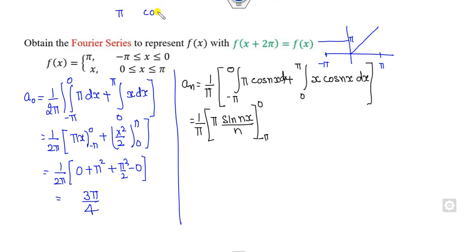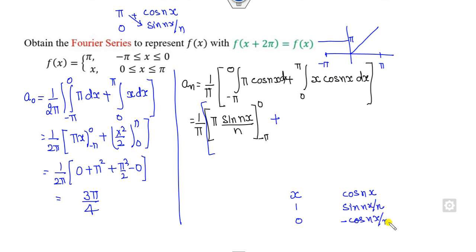It's pi, it's cos nx, so it's sin nx over n. Plus, what is the x? This is x and this is cos nx. It's 1, it's 0. So sin nx over n minus cos nx over n square. So positive, negative. So the first term will be x sin nx over n minus minus plus cos nx over n square from 0 to pi.